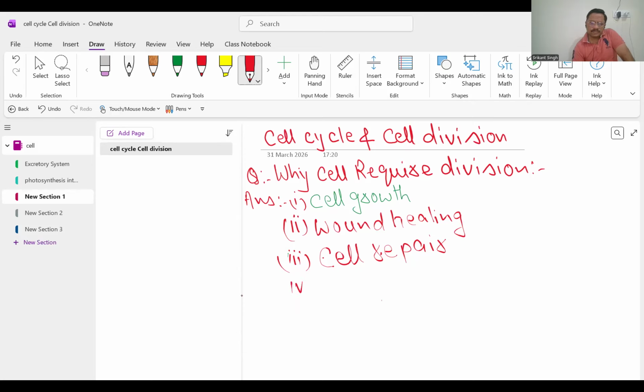Fourth, for development of the organism body shape.